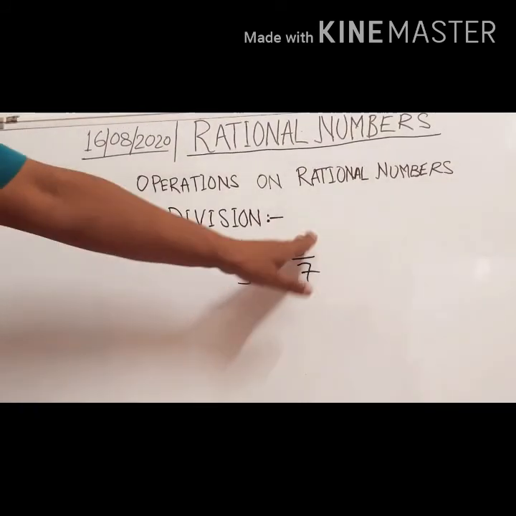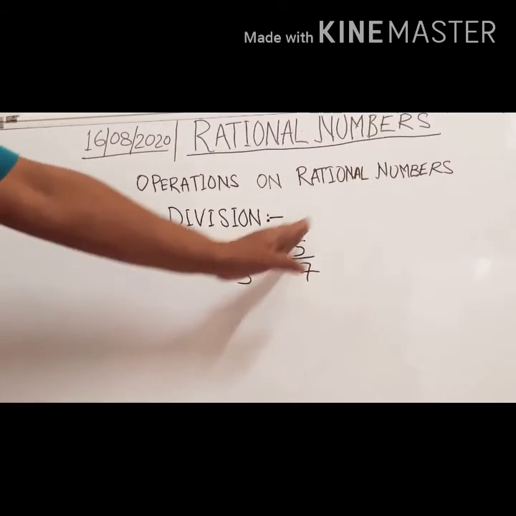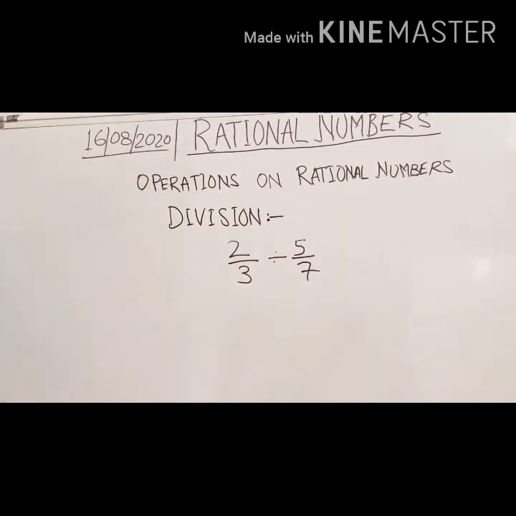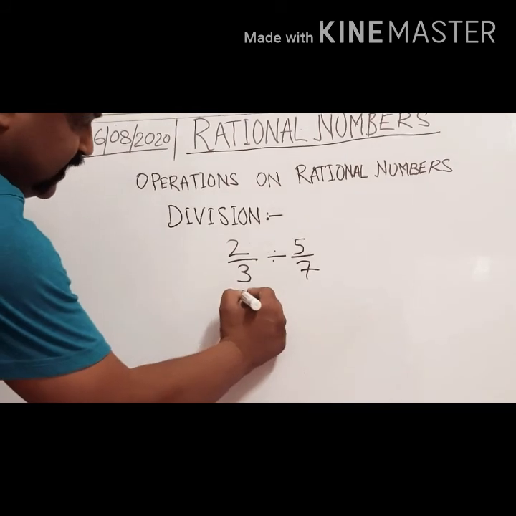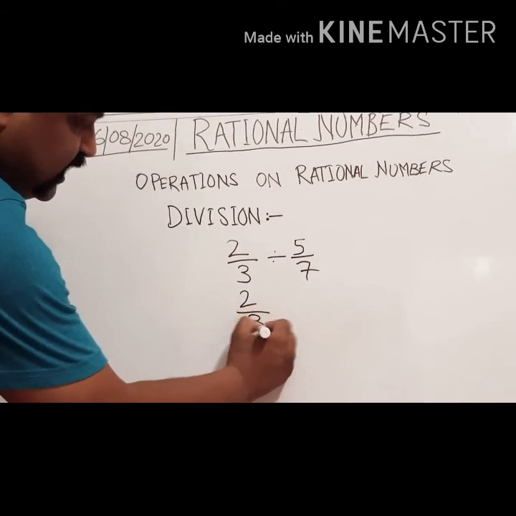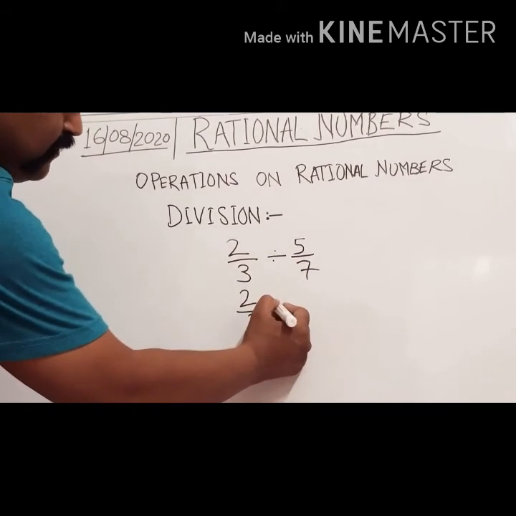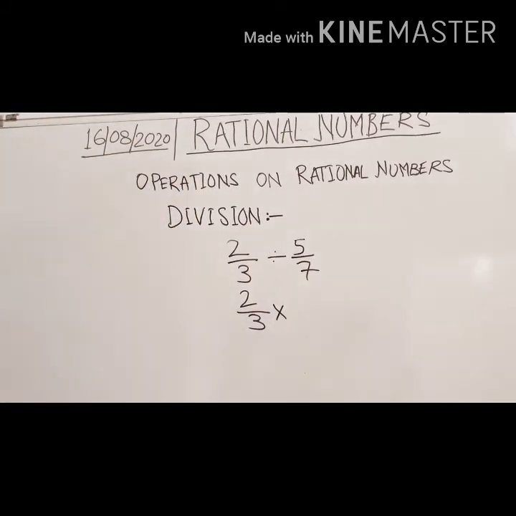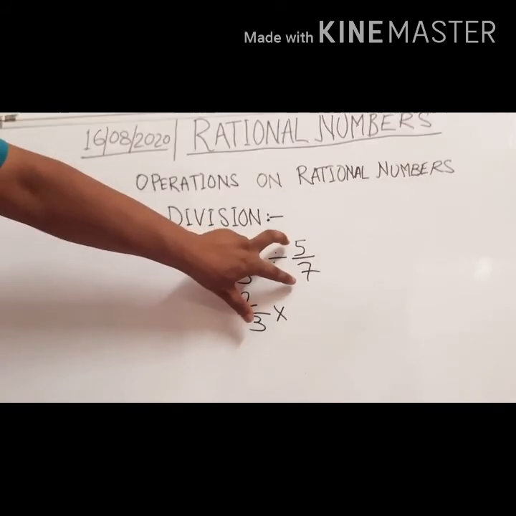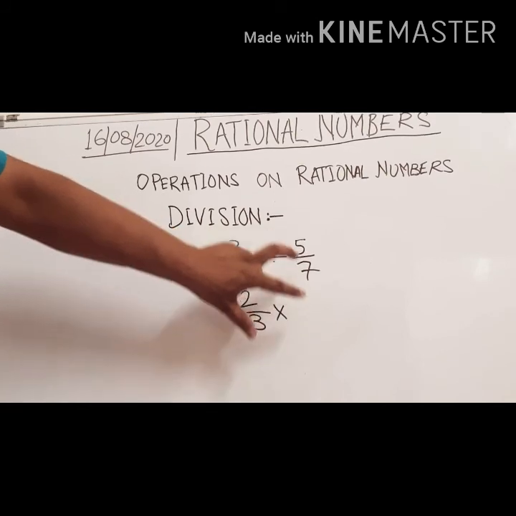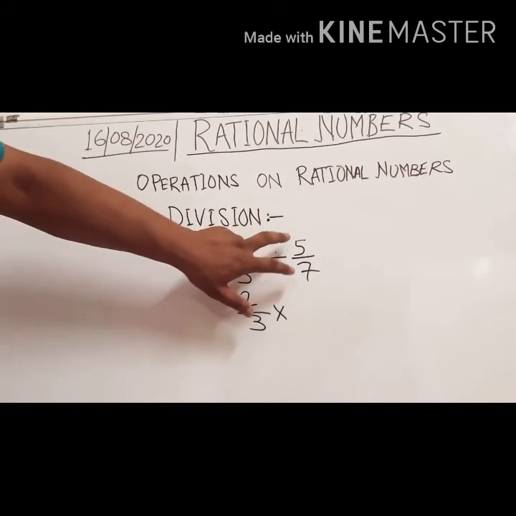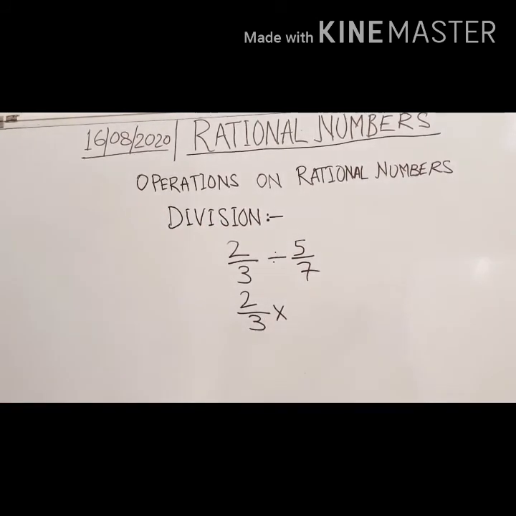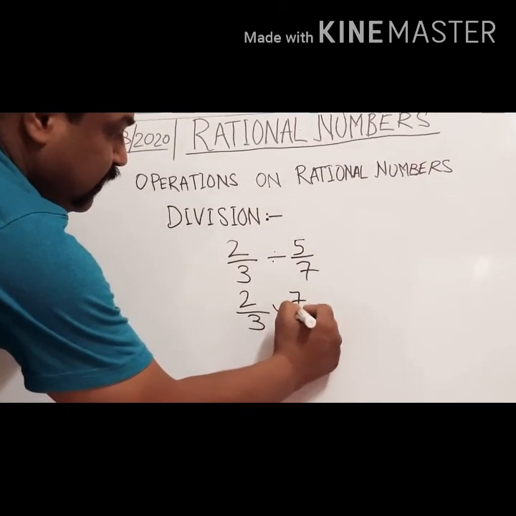This number cannot be divided by this number directly. So we rewrite it as 2 by 3. In place of division we will write multiplication, and the multiplicative inverse of the second number will be written here. The multiplicative inverse of 5 by 7 is 7 by 5.